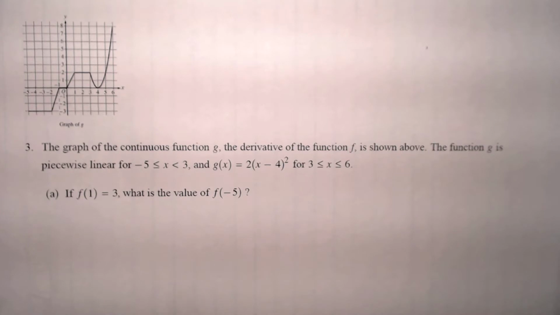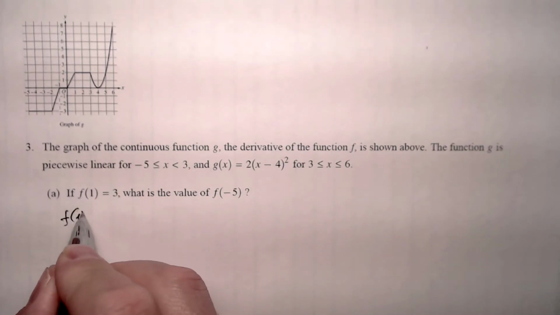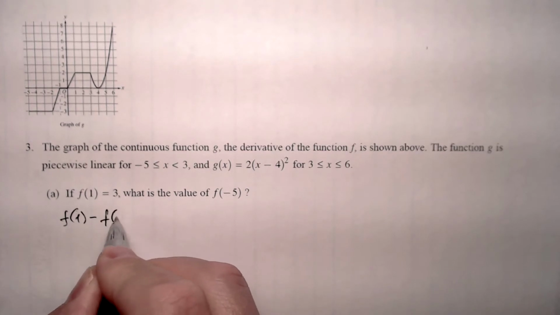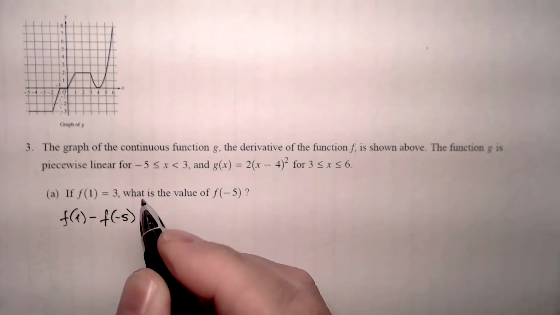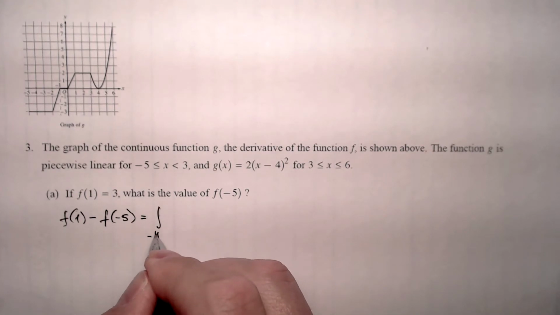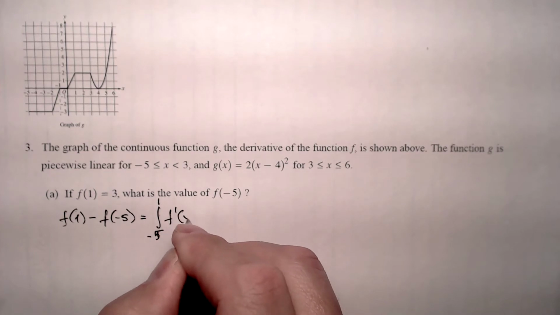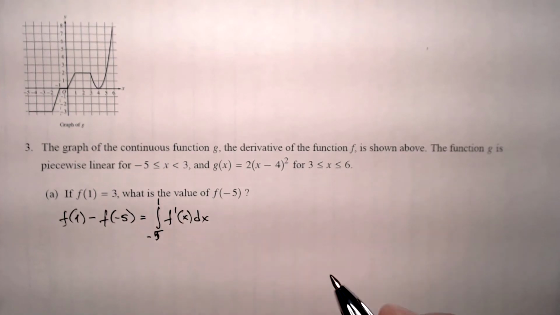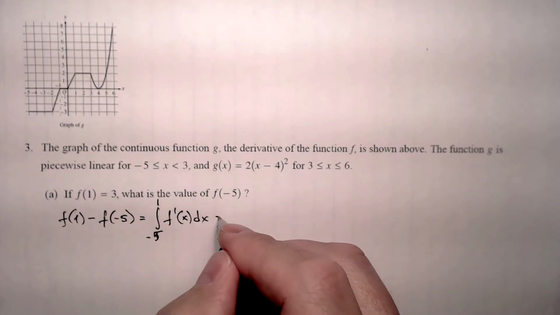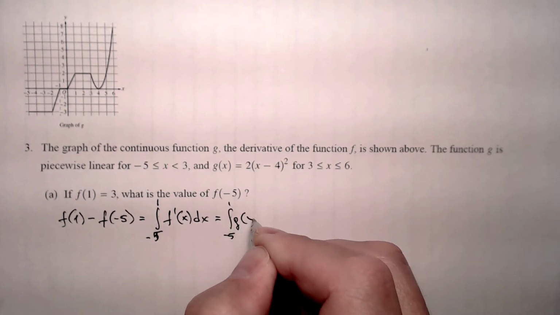So let's use the fundamental theorem of calculus, which says that f of 1 minus f of negative 5 is equal to the integral from negative 5 to 1 of f prime of x dx. In this case, this is the integral from negative 5 to 1 of g of x dx.